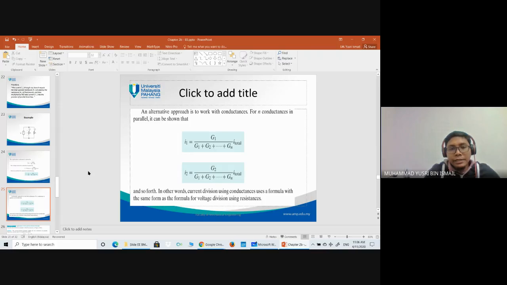For n conductances in parallel, it can be shown that I1 is equal to G1 divided by the total conductance times I total, and so forth. In other words, current division using conductances uses a formula with the same form as the formula for voltage division using resistance. So basically it is similar to the voltage divider method for conductance.